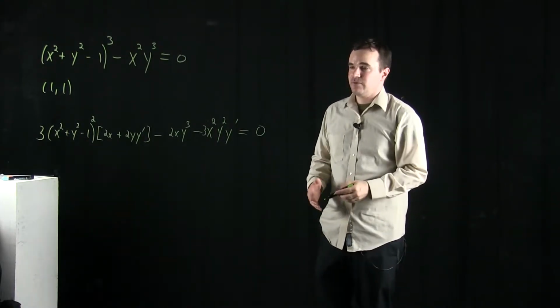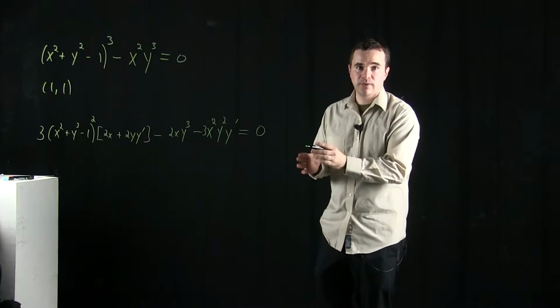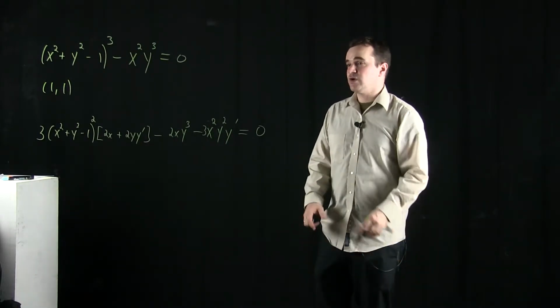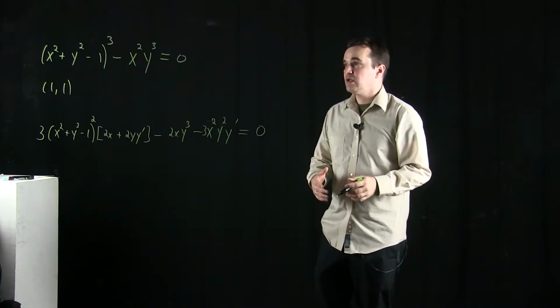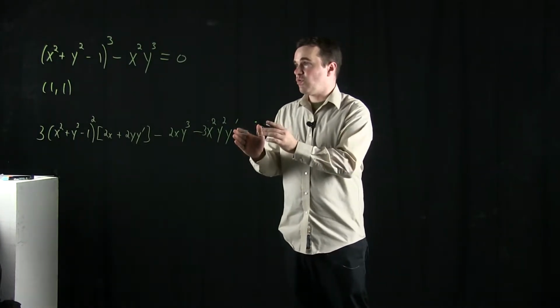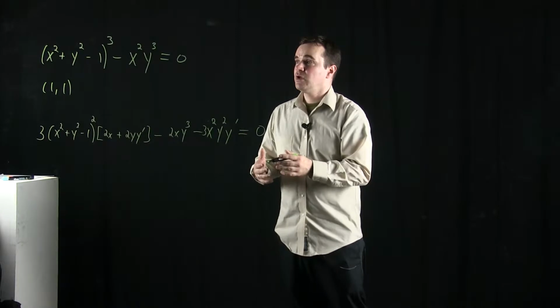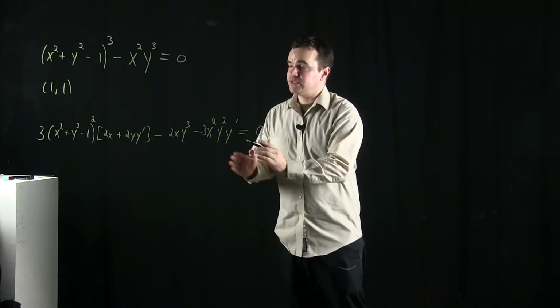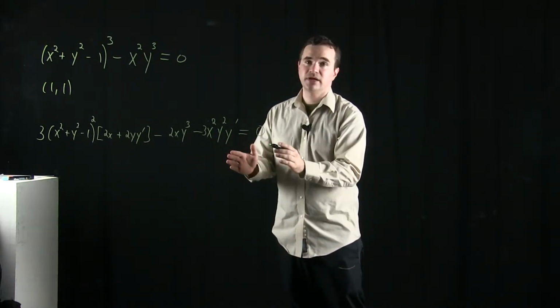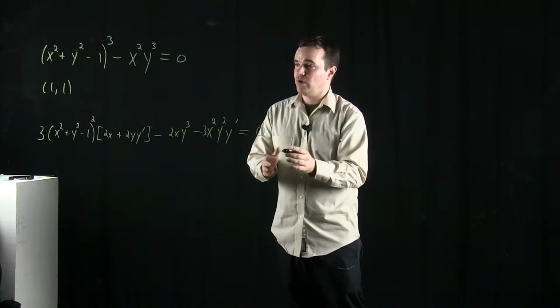So what I want to get from this is a formula: what's y prime equal to? A general formula would be hard to get, but knowing that I want the point x equals 1, y equals 1, I just want to find the slope of the tangent line at that point. I can simplify my calculation by plugging in x equals 1 and y equals 1.